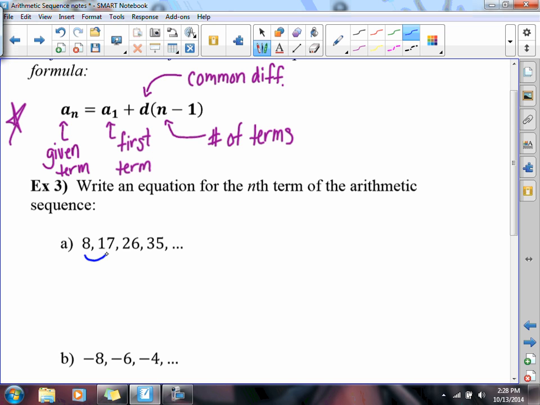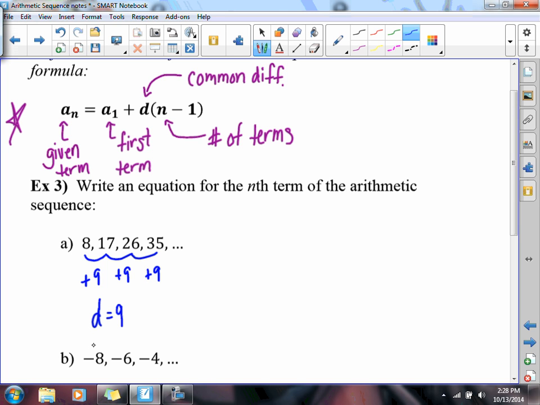The numbers are getting bigger, so I must be adding, and I'm actually adding 9. And then double check it. 17 plus 9, yep, that'll get me 26. 26 plus 9, yep, that'll get me 35. Okay, so that 9 now, that's going to be my common difference. That's my pattern.